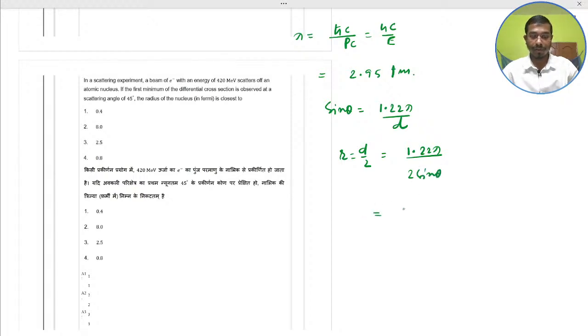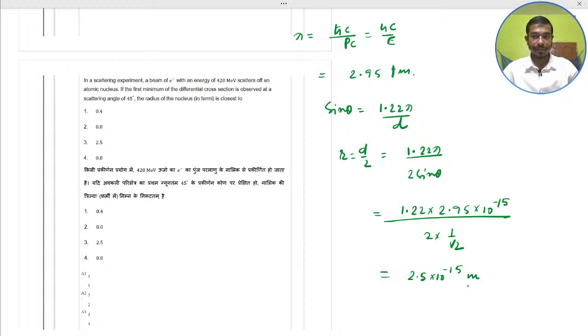Put this value in: 1.22 into 2.95 into 10 to the power minus 15, because it is 2.95 Fermi, and convert Fermi to meter. So this would be 2.5 into 10 to the power minus 15 meter.